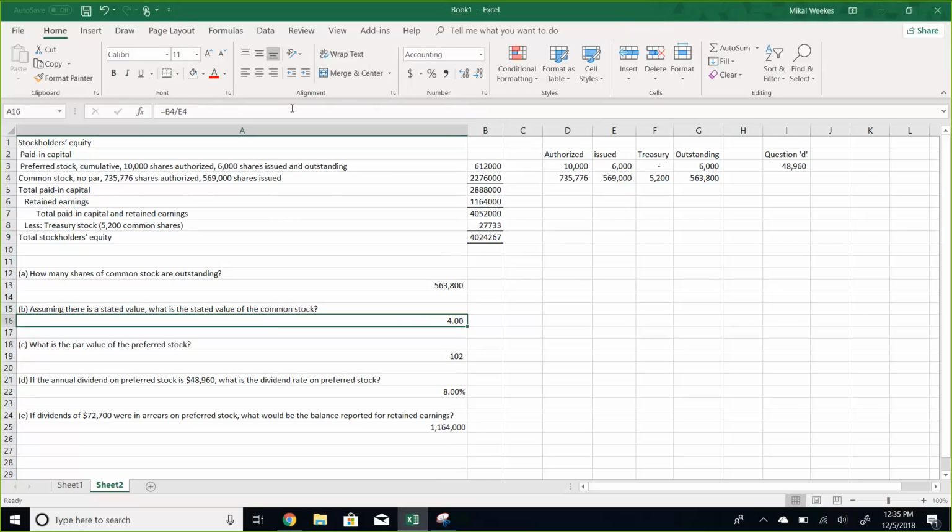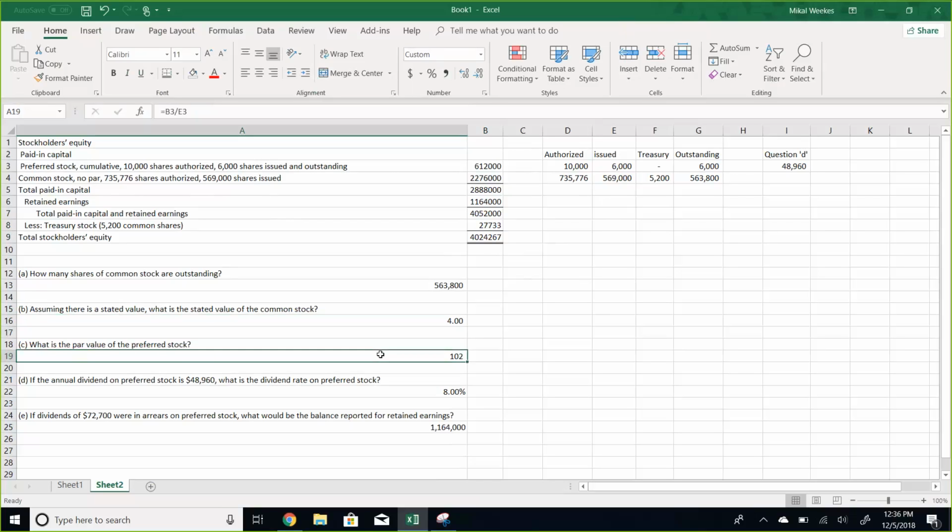But for the value, all we need to do is take the current value of what they have in their common stock account, and we're going to divide that by the number of shares that it has issued. And that'll give us a stated value. We're not talking about par, we're talking about stated value for the common stock of $4.